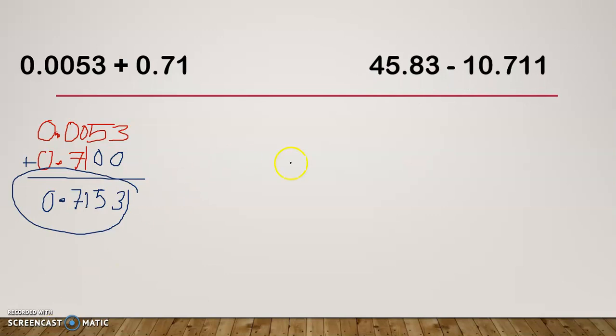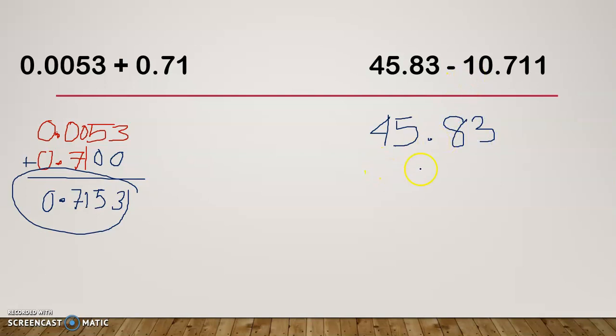Okay, another example. I have here 45 and 83 hundredths subtracted by 10 and 711 thousandths. Again, the first thing that you're going to do is arrange the digits in columns or vertically. So let us write this one, 45 and 83 hundredths.